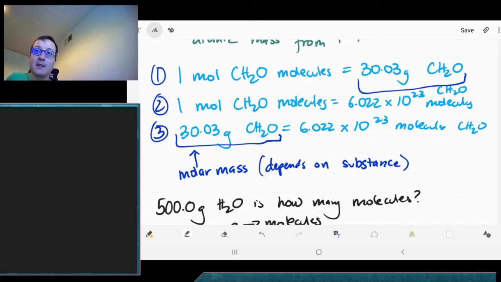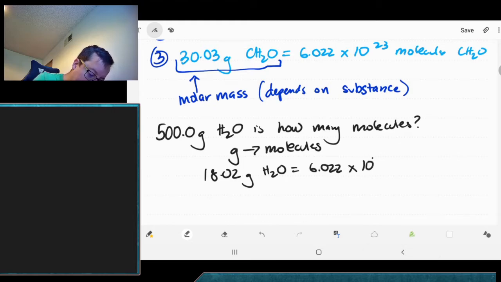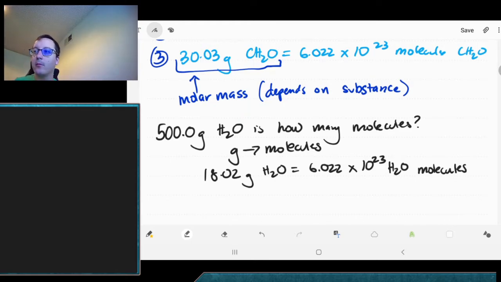Although in this case it's got the molar mass of formaldehyde. We have the molar mass of water we calculated earlier. It's 18.02. So we can say, that's right, 18.02 grams of water is equal to Avogadro's number of water molecules. Great. So we can just go ahead and use it.